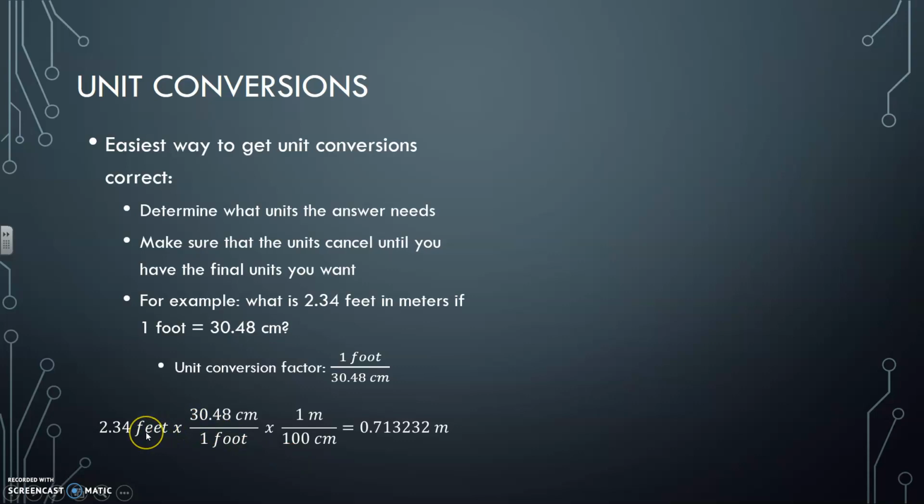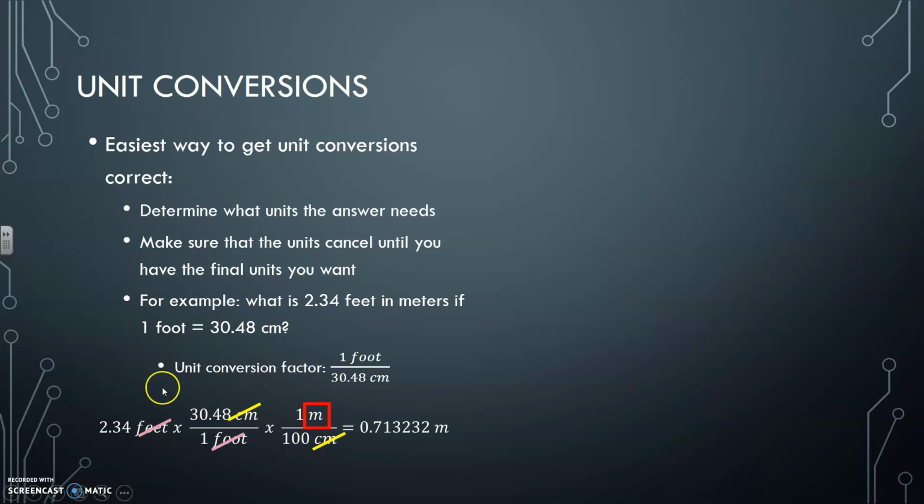So you have feet on top. You have to make sure that you have feet on the bottom to cancel. Those two will cancel. Then you have centimeters on top here. And then I just use the unit conversion factor. I know that there are 100 centimeters in a meter because that's 10 to the second. So the feet cancel, and then the centimeters will cancel, and that leaves you with meters.